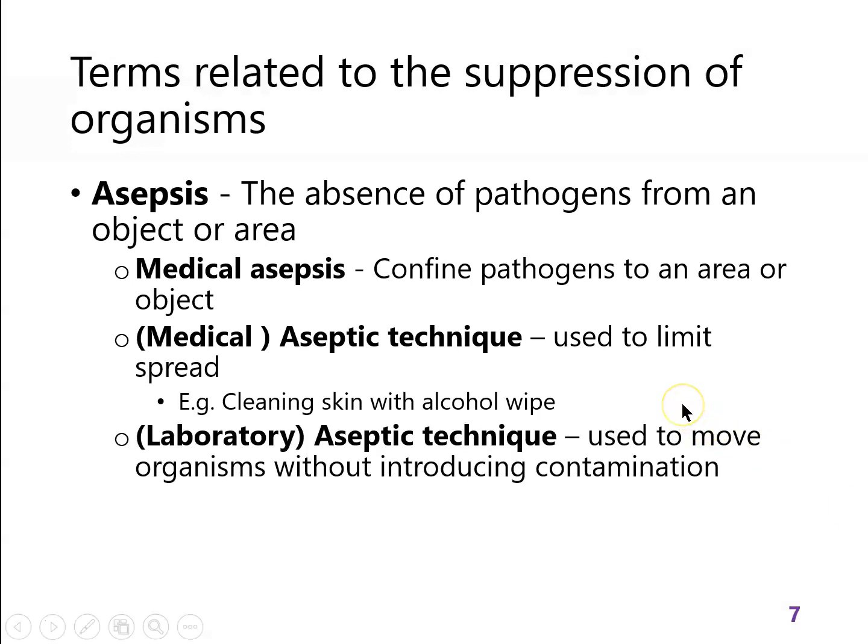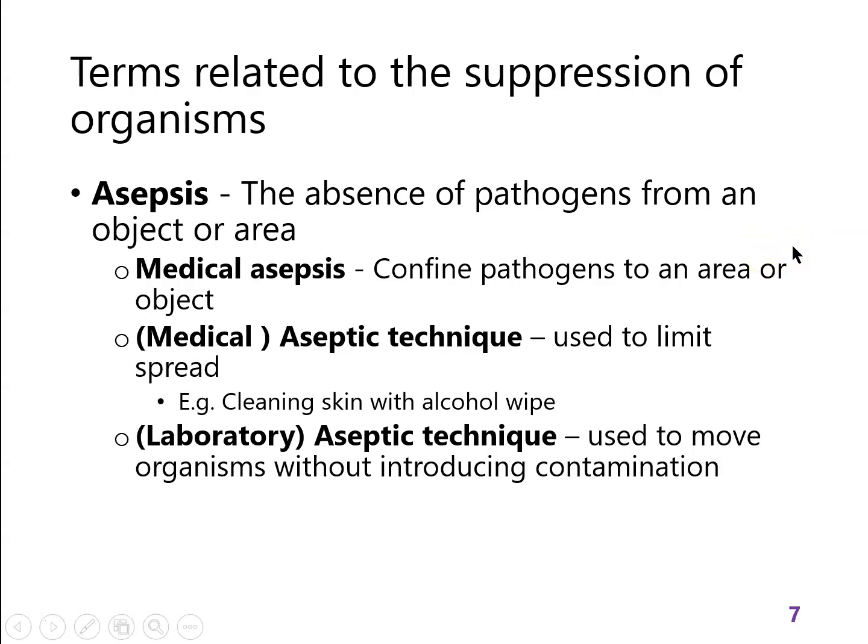There are several different techniques we refer to as asepsis, and that's when we remove pathogens. So we're not killing every microorganism, but we're removing all the ones that we think could cause a problem to a human. And so this would be like surgical asepsis, which would be preventing pathogens from getting to a wound.